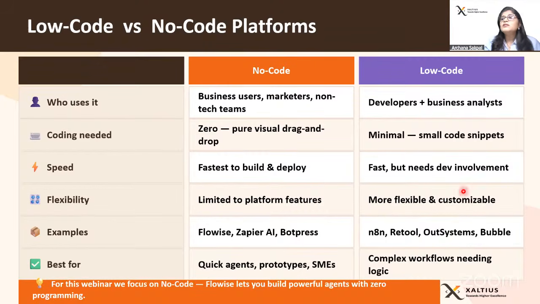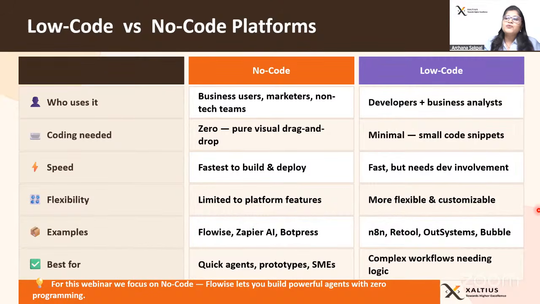Everything is basically done using a visual drag and drop interface, where you can just drop components, connect them together, and make some simple configuration, right? Here you are using zero programming, but it has some issues like limited flexibility, because you are too dependent on the tool. If the tool doesn't have those features, then you can't really build it, right?